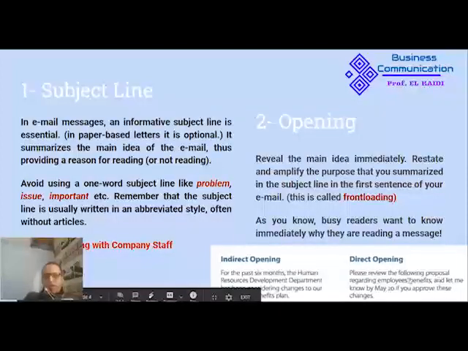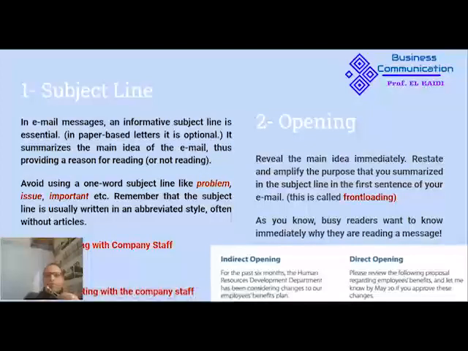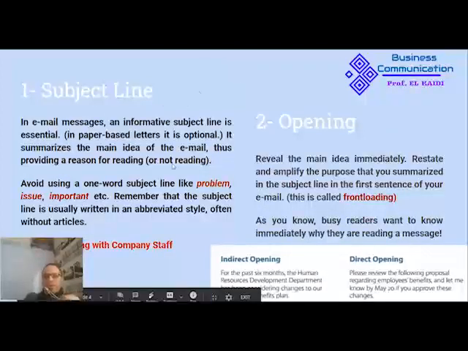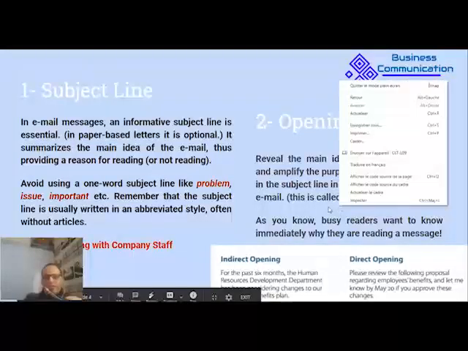Please review the following proposal regarding employees' benefits and let me know by May the 20th if you approve these changes. So for the sake of clarity, for the sake of being concrete and specific, avoid, as I mentioned before several times, avoid being verbose, avoid wordiness, okay? State clearly and immediately the purpose of your email.